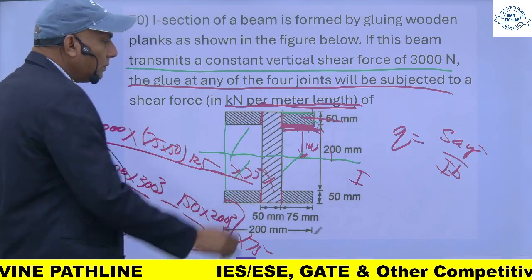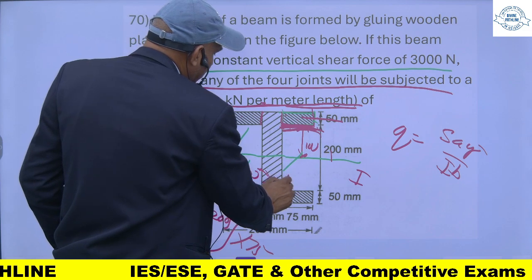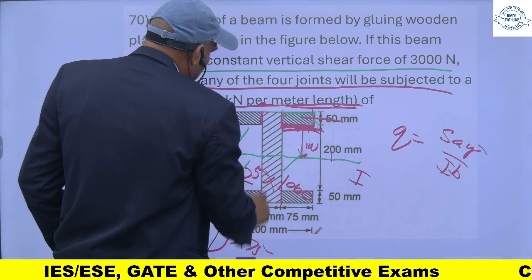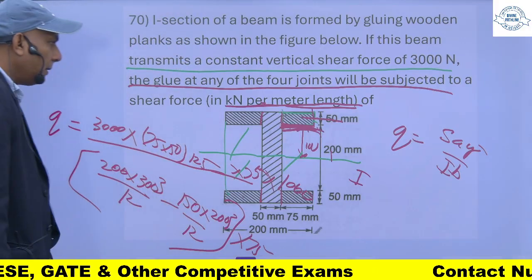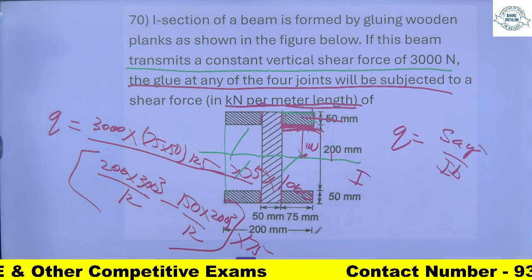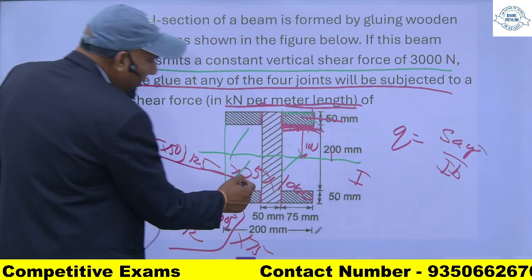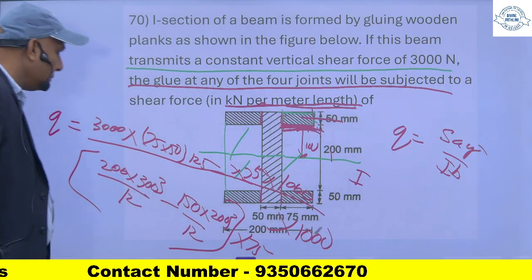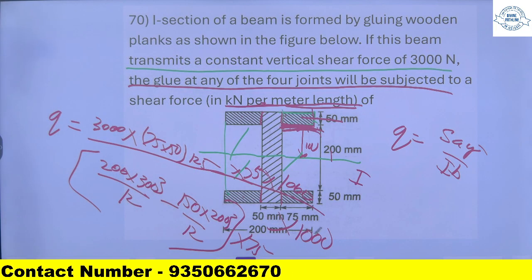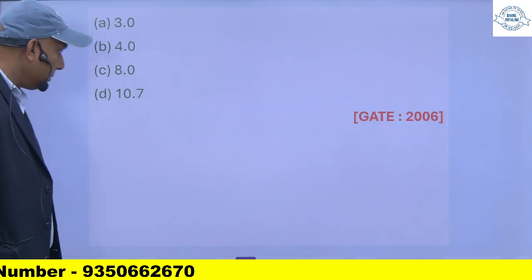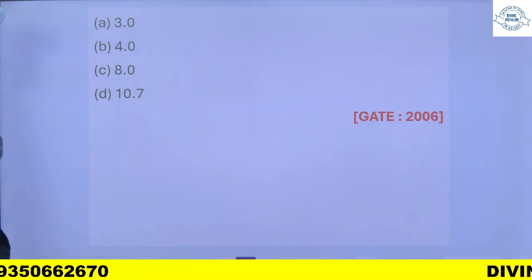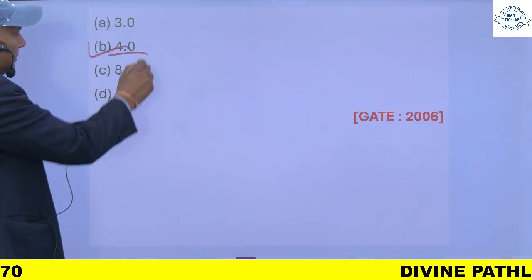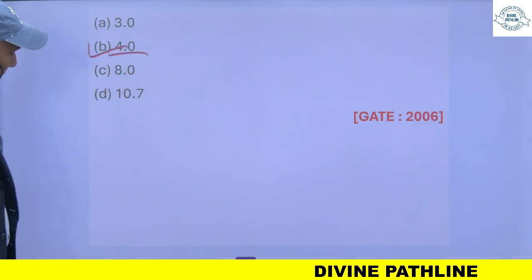Length is 1000; 1 meter means 1000 mm. So it will give the shear force per meter length, and this is in Newton. So I will multiply this by 1000, so that it will be in kilonewton. You will get this, and your answer will be 40 kilonewton per meter.